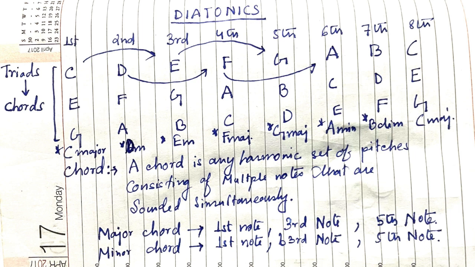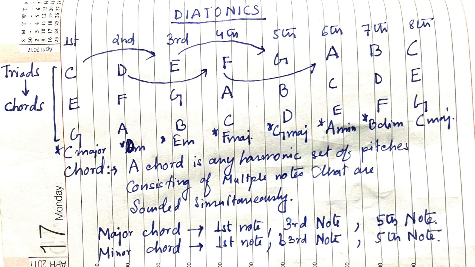Now, like we have a major scale and a minor scale, we have a major chord and a minor chord. Remember, a chord is a set of notes, in this case three notes, played together simultaneously. Then we have a sound, that is a chord.